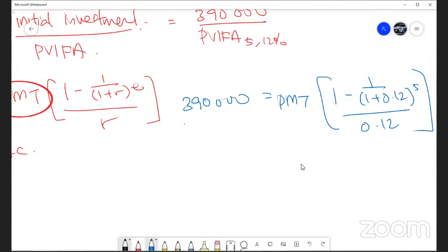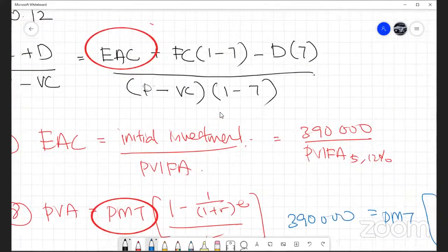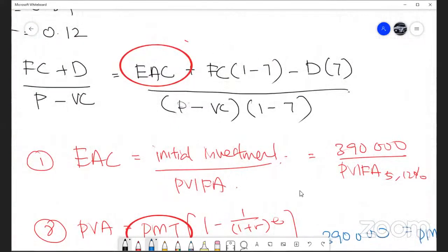So 390,000 divided by this whole thing gives you your PMT. Both will give you your PMT, or your EAC, equals 108,189.8.